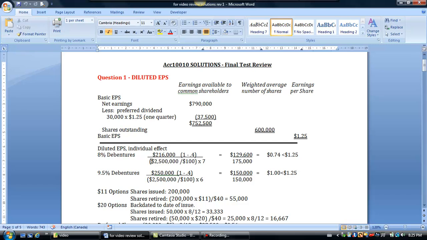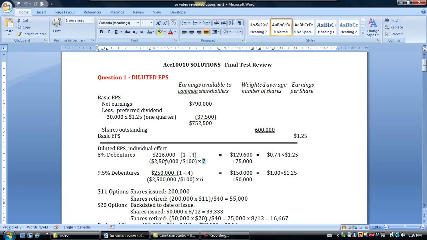Well, again, the question tells us that each $100 of the convertible debentures was convertible into 7 common shares. In fact, in our question, the face value of the 8% debentures was $2.5 million. Therefore, every $100 bond of these $2.5 million in bonds was convertible into 7 shares.